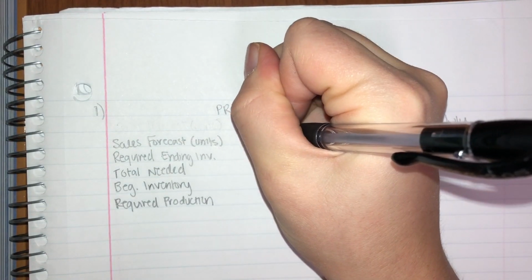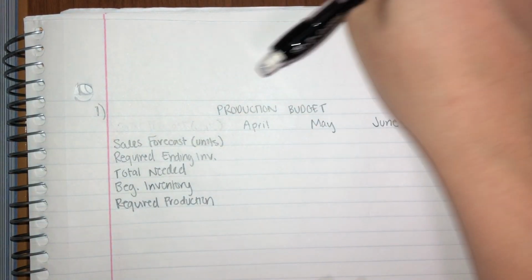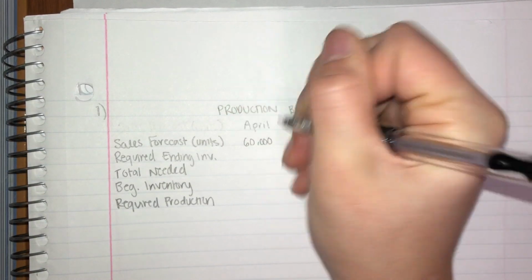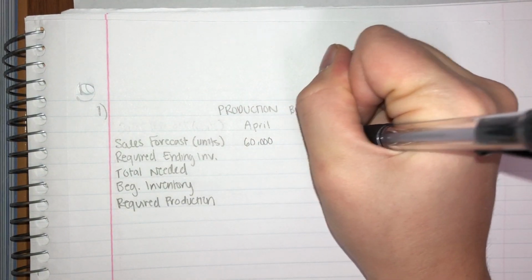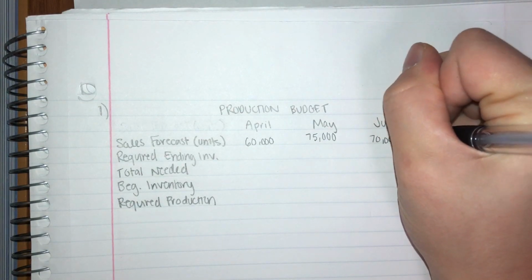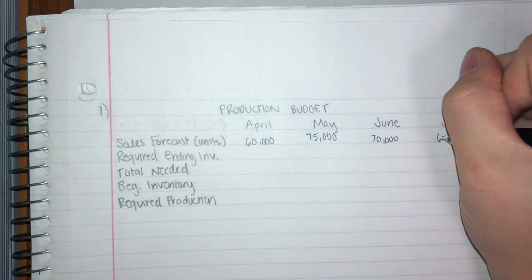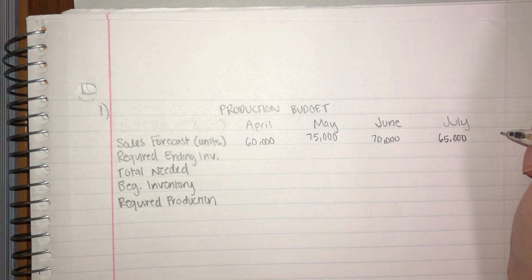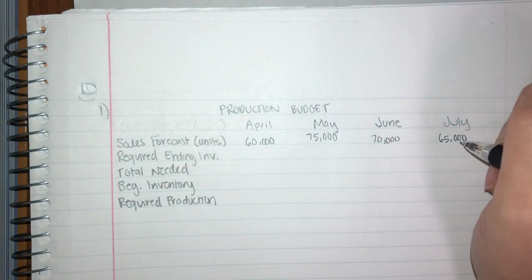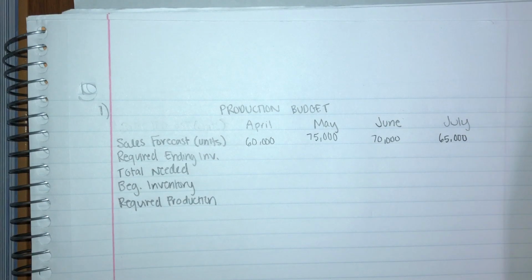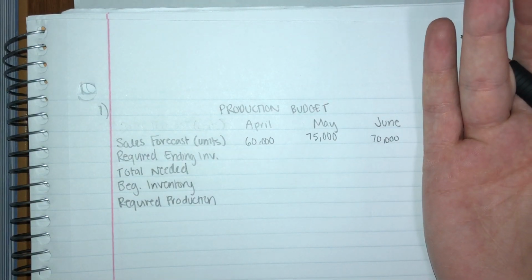So the sales forecast, the units that we had, 60,000 in April, 75,000 in May, 70,000 in June, and 65,000 in July. So in the last video, I talked about a ghost month. July is what I would call a ghost month. We're gonna do a little bit with July, but it's really just there to give us information for April, May, and June.